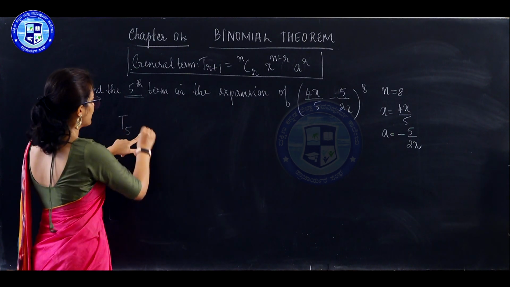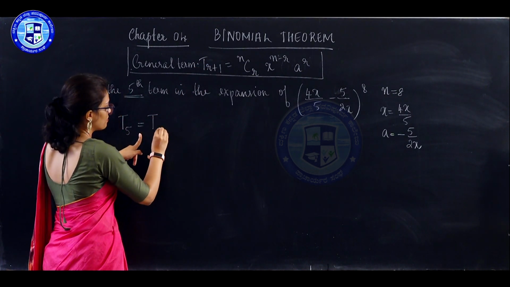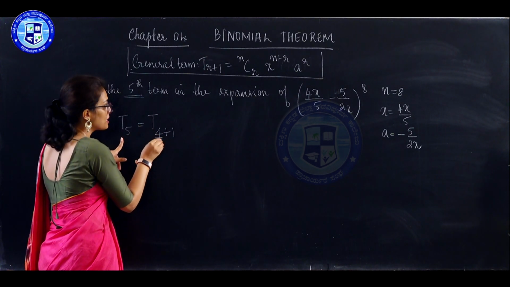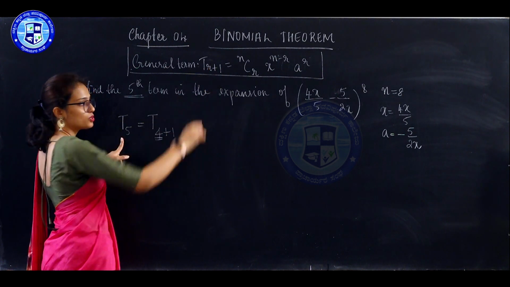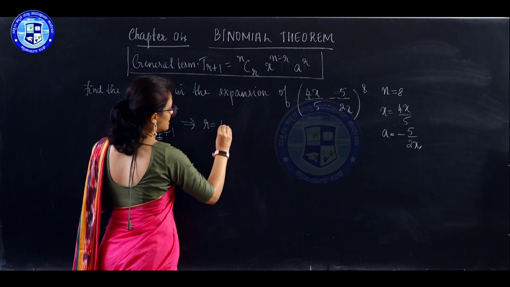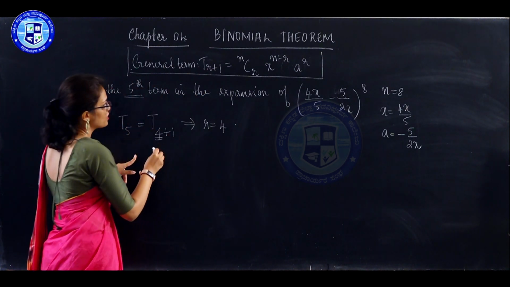Now, how can you write T5 in general form? This has to be 4 plus 1, then only you will get 5. So, in the place of r, if you compare these two, r will be equal to 4. Now, let us find the fifth term.